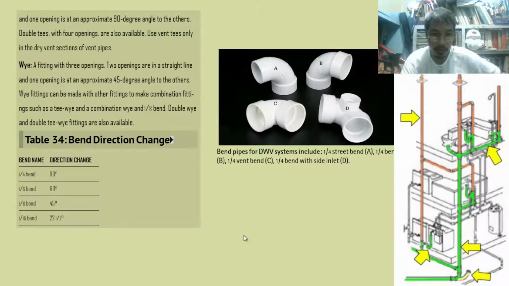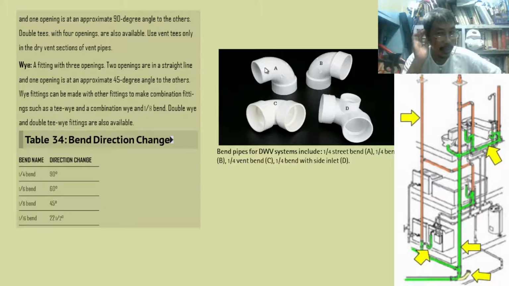So let us look at the figure at the center of your screen. Bend pipes, the different bend pipes. Letter A is what we call one port, or quarter straight bend.